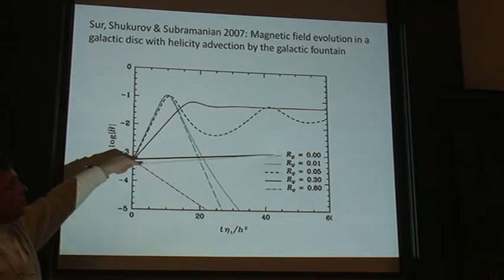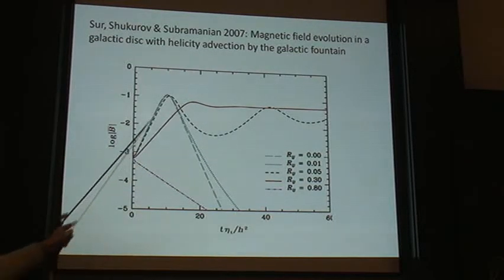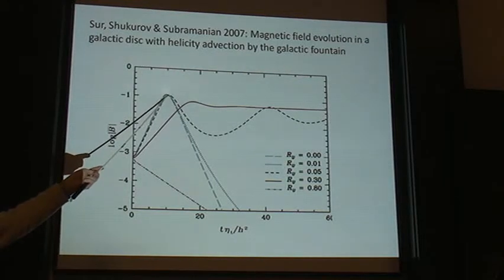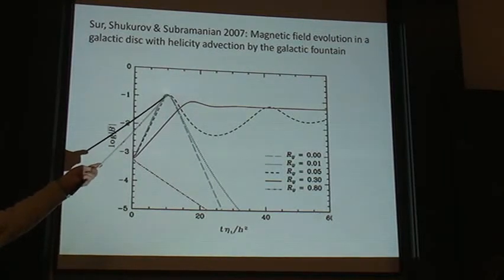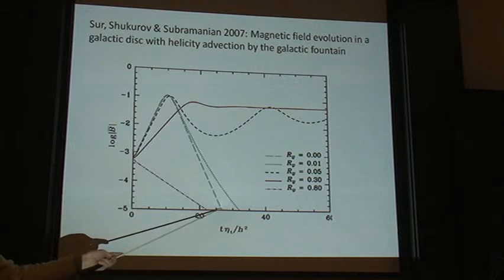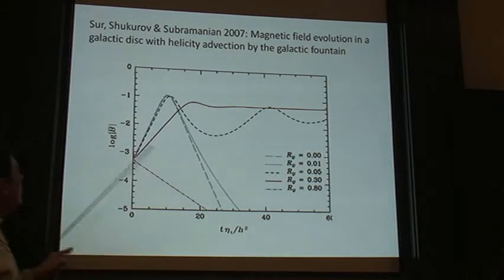If the vertical velocity is 0, no outflow, then the solution first grows. But when the helicity of the large scale field becomes comparable to the small scale field, it all drops down. It cannot live in this environment. The dynamo fails catastrophically. Let's put R equal to 100.